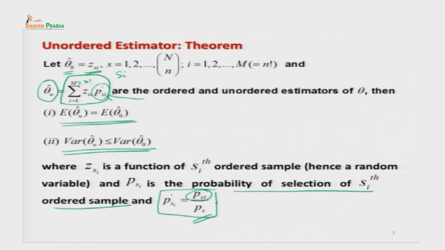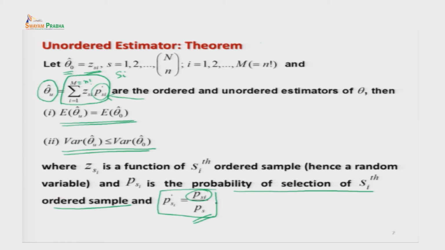Now you can see this theorem gives you a guideline: if you have different estimators based on different types of ordered sample, then you can combine them such that you have the same amount of bias as the ordered estimator. If the ordered estimator is unbiased, this new estimator will also remain unbiased, but the difference will come in their variances.